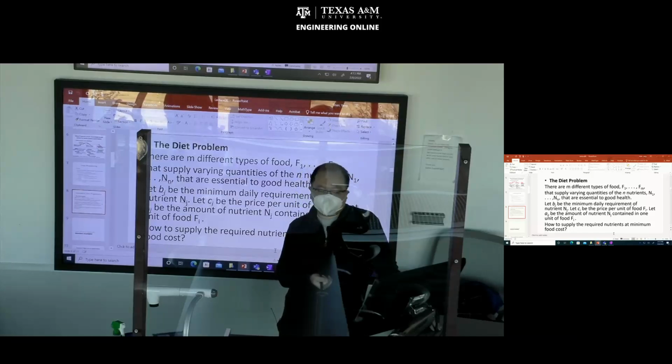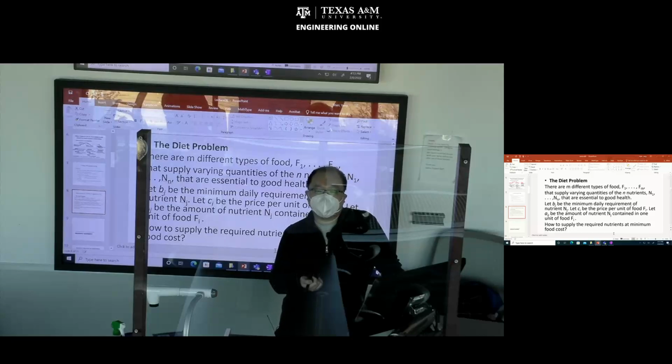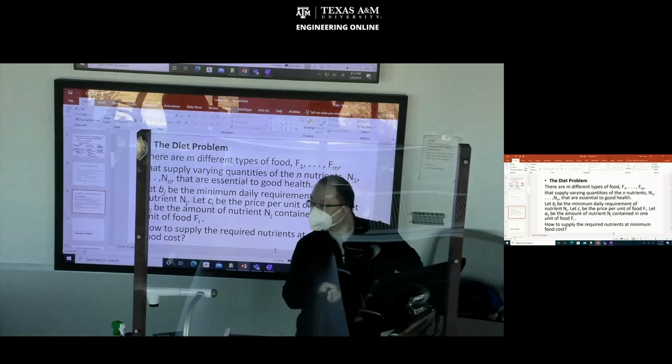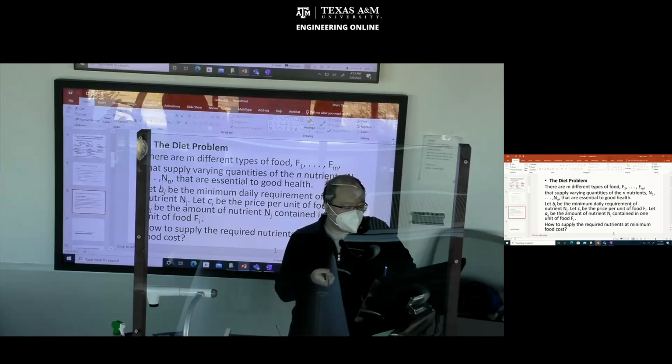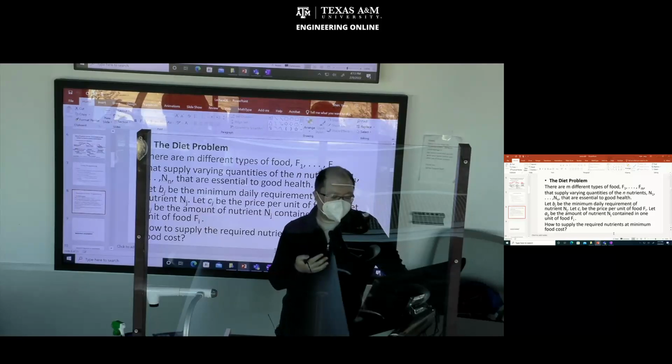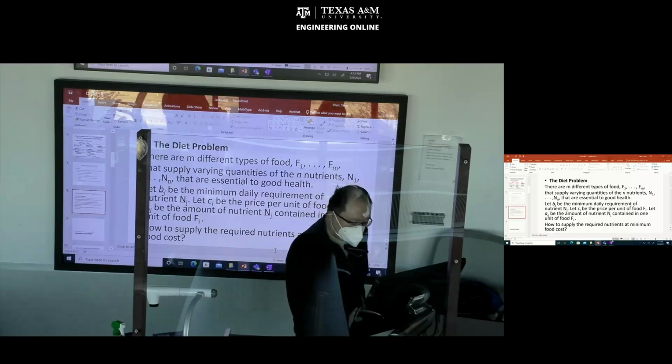What's the decision variable? We haven't defined the X yet. So the amount of each kind of food we buy per day, right? The units of food we buy every day.